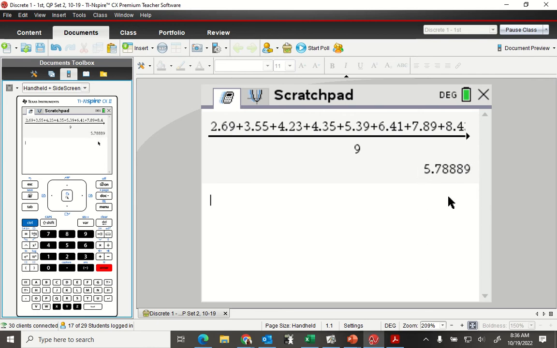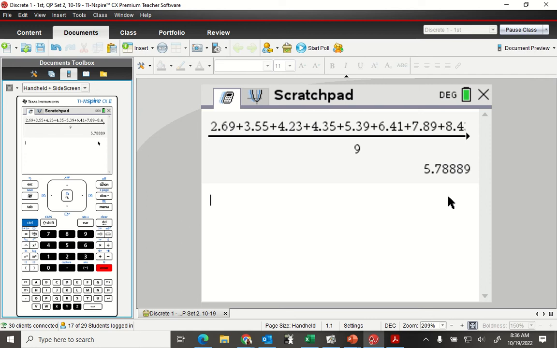And it said we're rounding to what? Nearest cent. If you're thinking of dollars and cents, how many decimal places is 1 cent? 2 decimal places, right? So I'm looking at 5.78889, 2 decimal places.